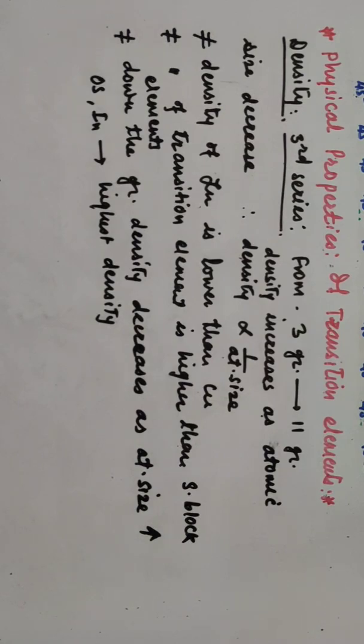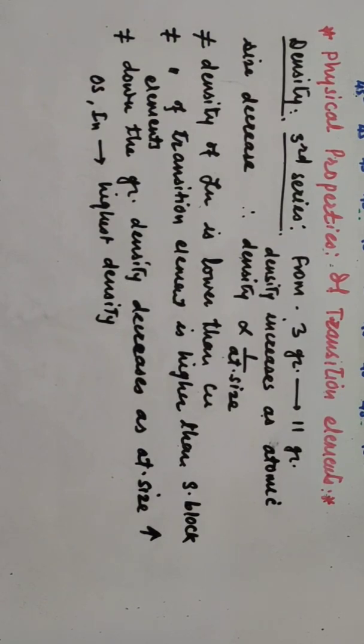So this is about the density. With increase in atomic size, density goes on decreasing. With decrease in atomic size, density goes on increasing. From left to right, density goes on increasing as the size of the atom decreases. In case of zinc, the density is lower than copper as the size of zinc is larger than copper.